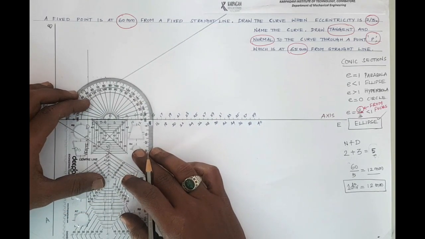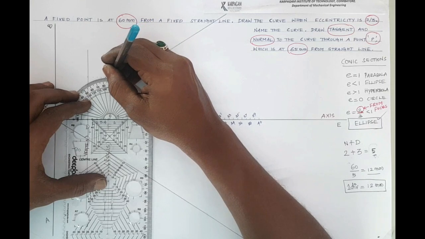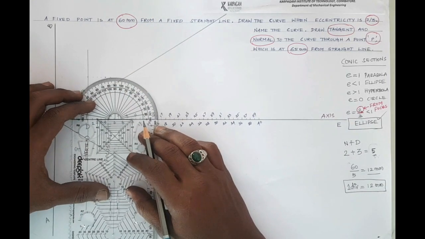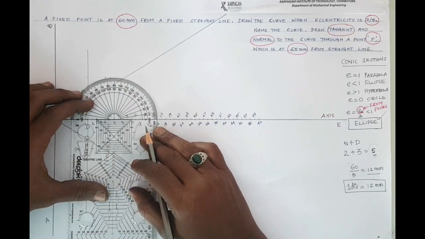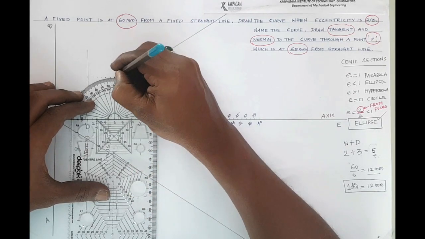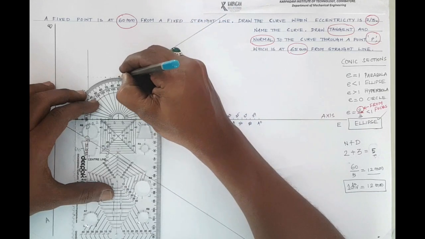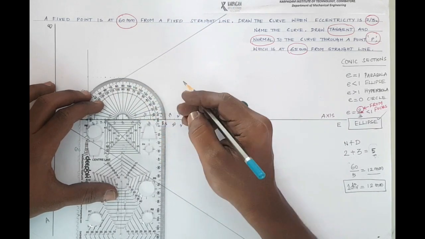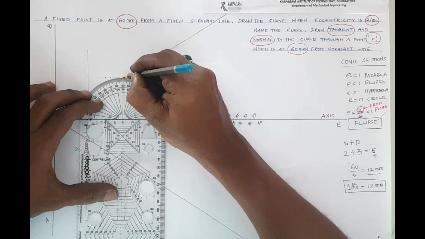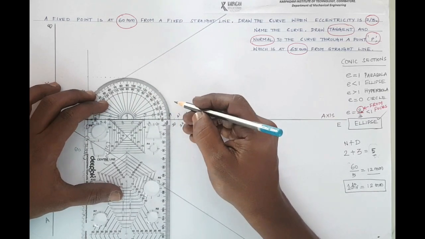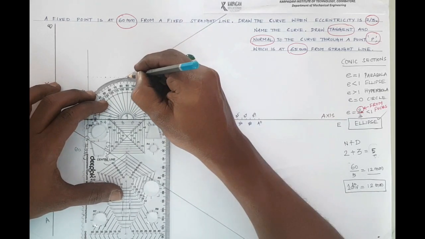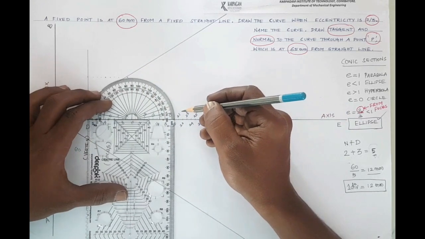And the next point is 5. Next one is 6. And 7, 8. And for 9.